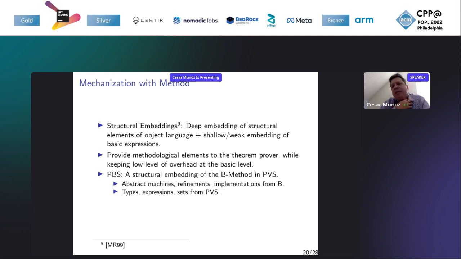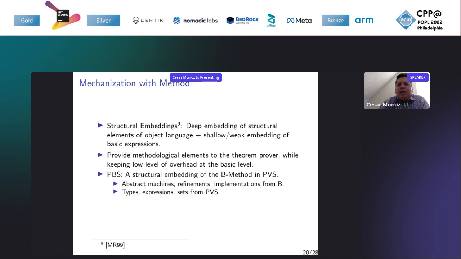And the idea of structural embeddings is, let's use embeddings that are deep for the structural elements of a language, but are weak and shallow for the basic expressions, meaning that we are combining the structure of a method with the primitive elements of the proof assistant. And this way we can provide methodological elements to a theorem prover by using these embeddings.